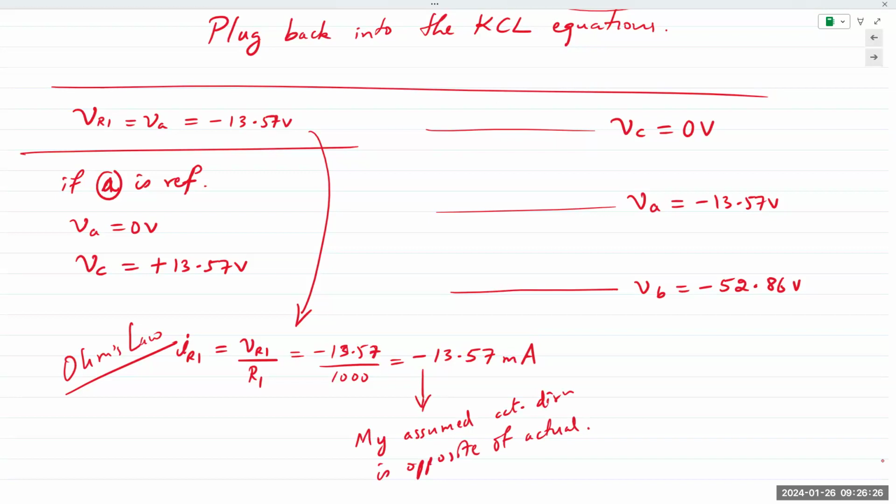Again, I will look at the current direction that you have chosen, and then I'll look at your answer. The magnitude, of course, has to be correct. If the magnitude is incorrect, then there's an error in your calculation somewhere. But if you have plus 13 with the combination of the assumed current direction, your answer would receive full points.